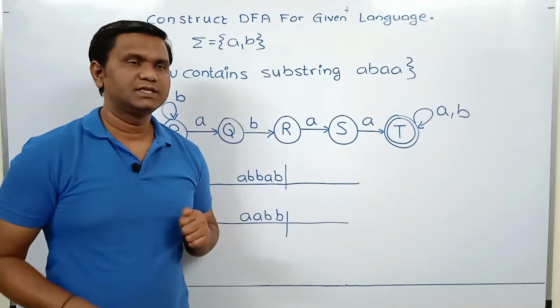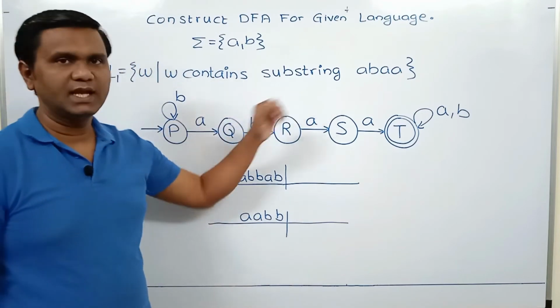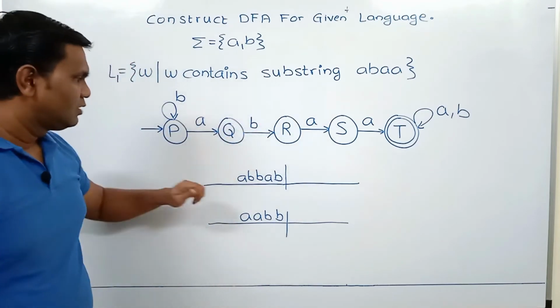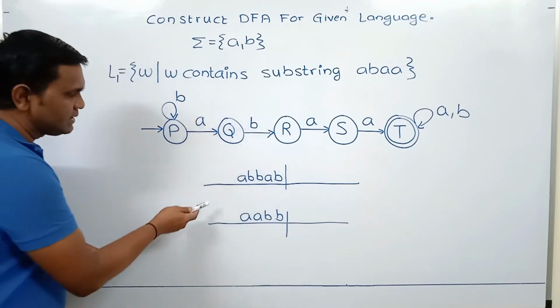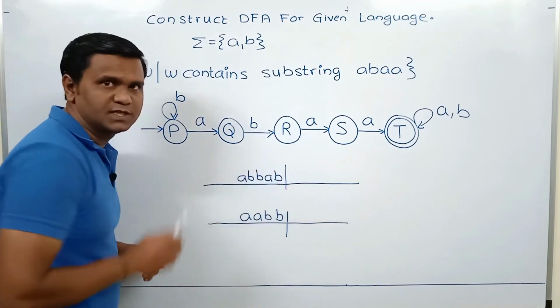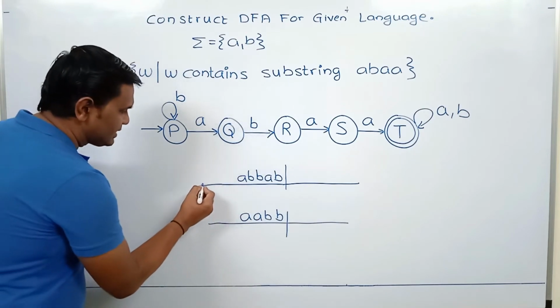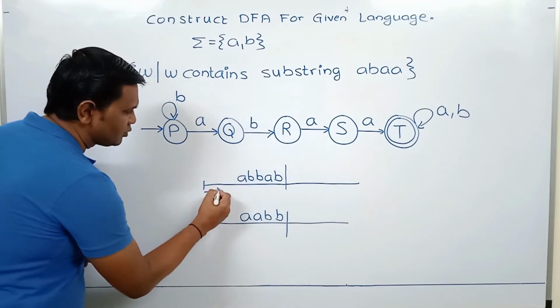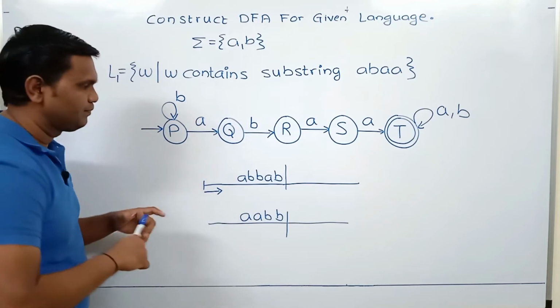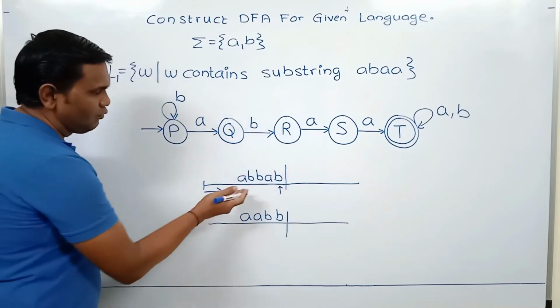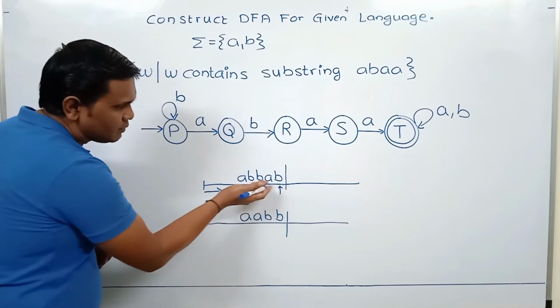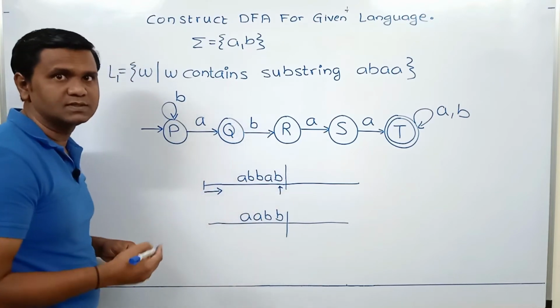So let's handle the condition W contains substring ABAA. Now let's understand the logic first. Let's say some string is being processed by the DFA. It started here. We started processing the string from left to right and we reach here. Now when we are here, these are some of the last seen symbols.